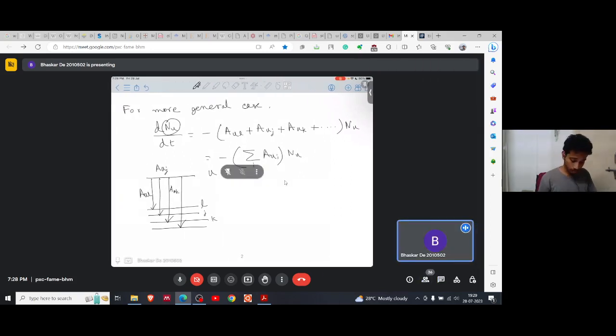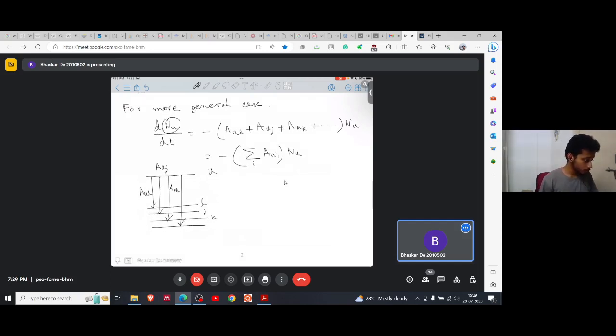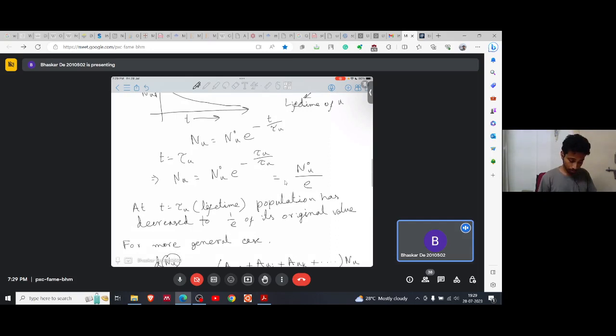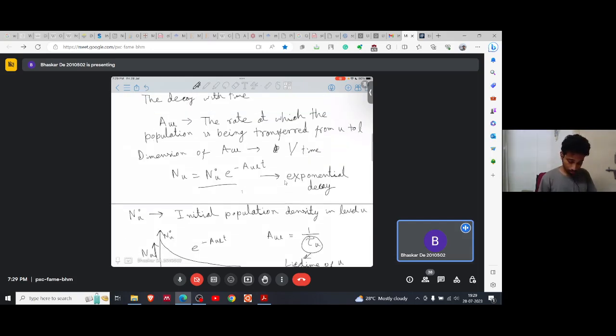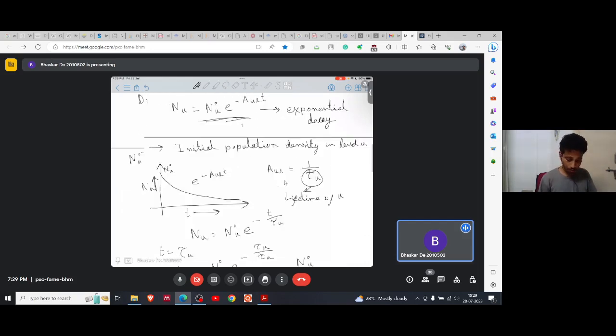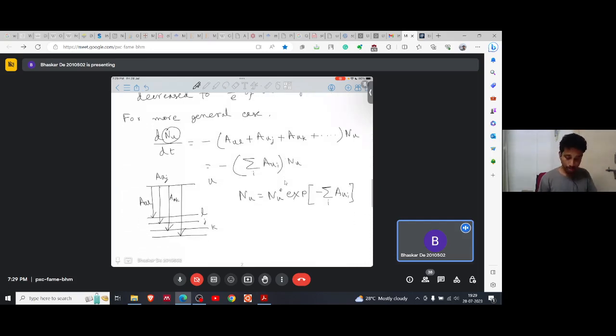Okay, so now if we solve this equation again, we'll have n_u equal to n_0u exponential of minus summation over i of A_ui t. This is the same equation as before, but that was for a two level system u and l, and here there are multiple levels.